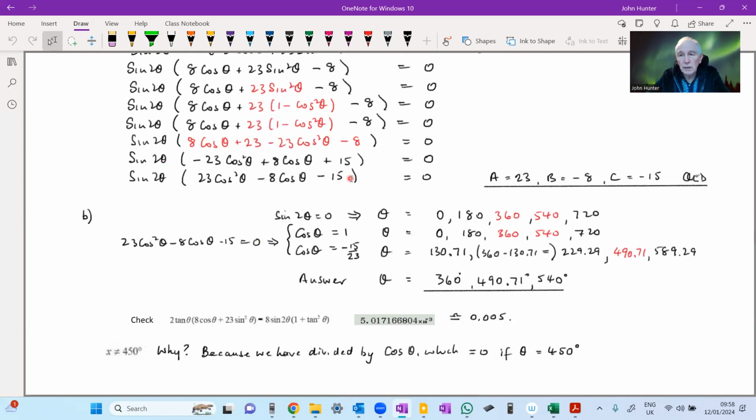Right, now I've talked in other videos about one-factor equations, 2 sine theta -1 equals 0, for instance. Easily solved. 2 sine theta equals 1, sine theta equals 1/2, so on.